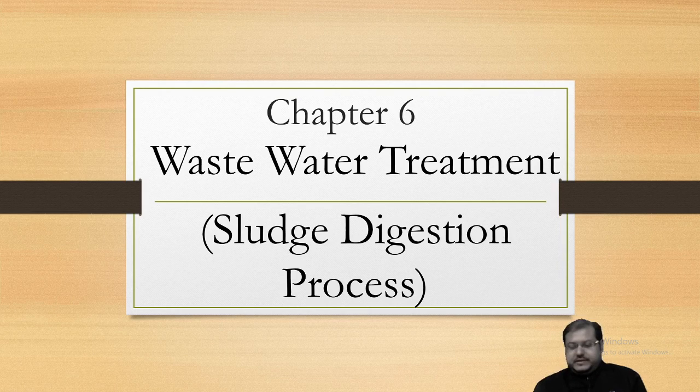Actually, we have already observed, when we talked about the activated sludge process or trickling filter, that the secondary sedimentation tank follows the biological treatment unit, where we put the wastewater and keep it for a certain time.